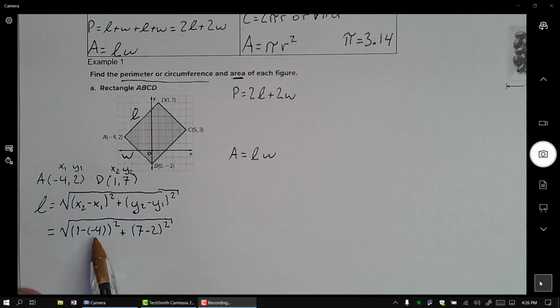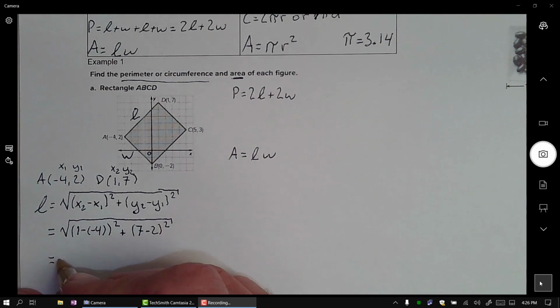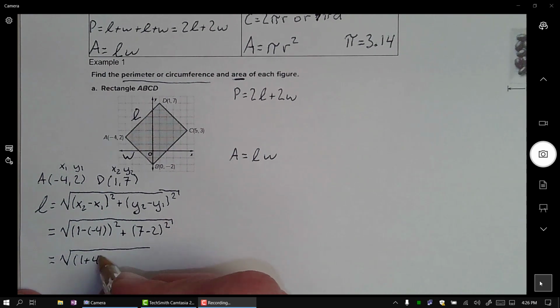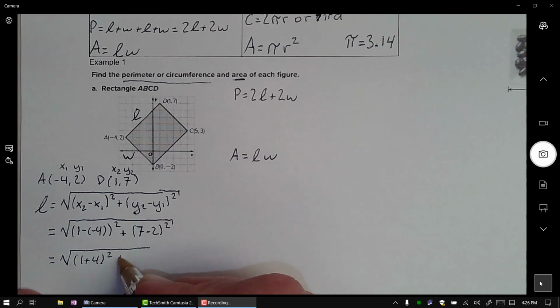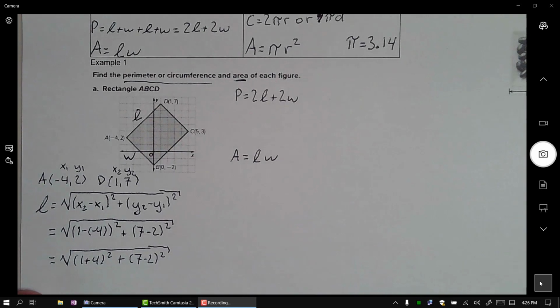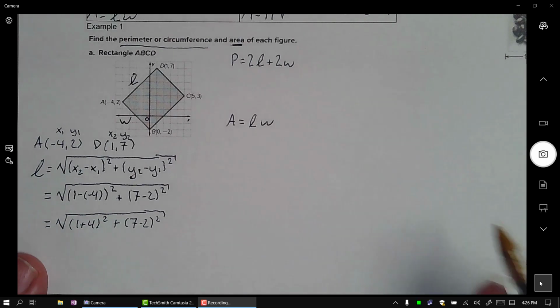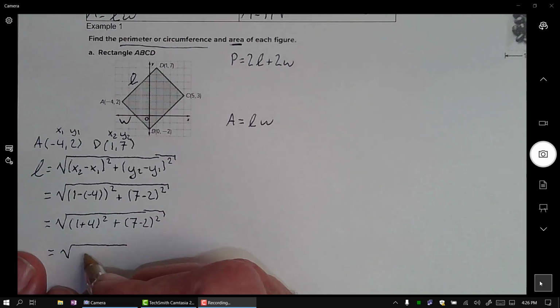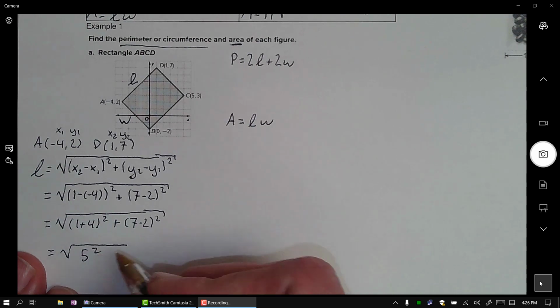This double negative turns into a positive. So this gives us the square root of (1 plus 4) squared plus (7 minus 2) squared. Let's do the addition and the subtraction. So we get the square root of 1 plus 4 is 5 squared, plus 7 minus 2 is 5 squared.